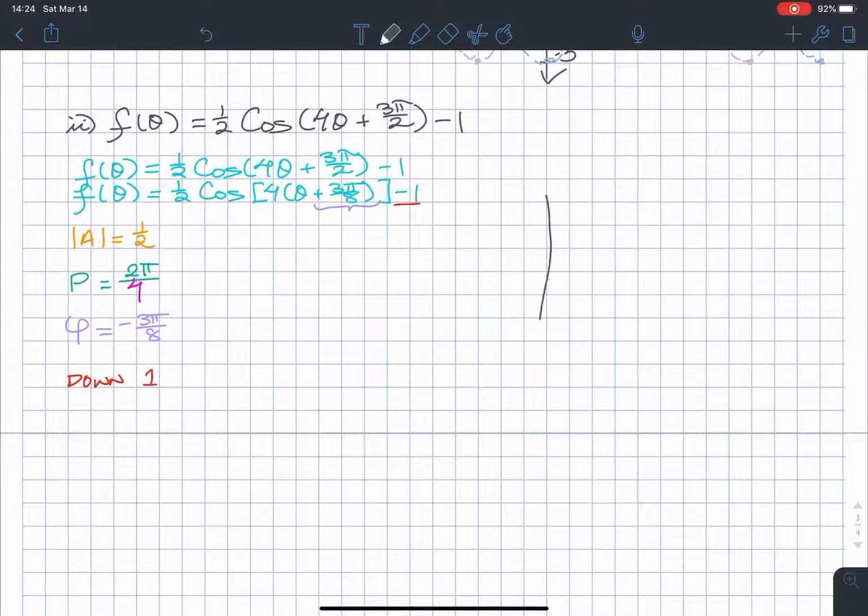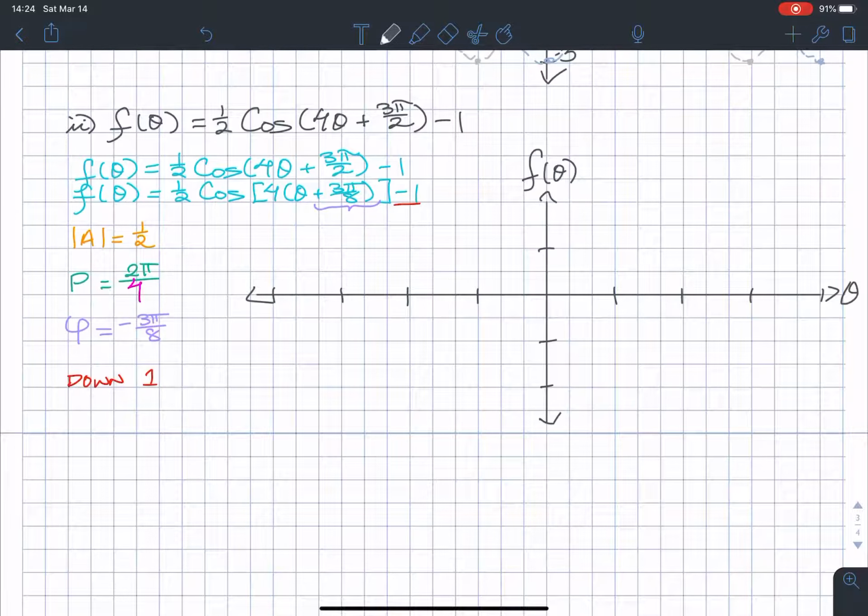So theta versus f of theta coordinate axes. So theta and f of theta. We have 1, 2, 3, 4 quadrants. 1, 2, 3, 4 quadrants. Let's do 1, 1, 1. Okay, so my 4 quadrants is 2 pi, but I'm going to divide that by the coefficient, which is 4. So I'm taking all of my quadrants, dividing them by the coefficient of theta.